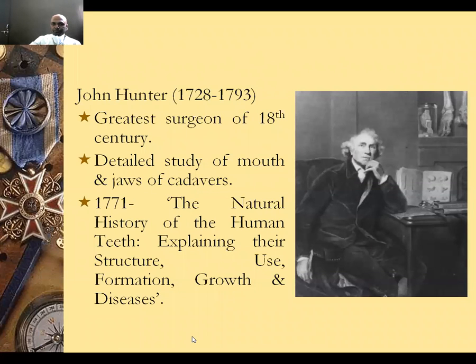John Hunter is the greatest surgeon of the 18th century. He did a detailed study of the mouth and jaws of cadavers. In 1771, he published a book by the name The Natural History of the Human Teeth, explaining their structure, use, formation, growth, and disease.